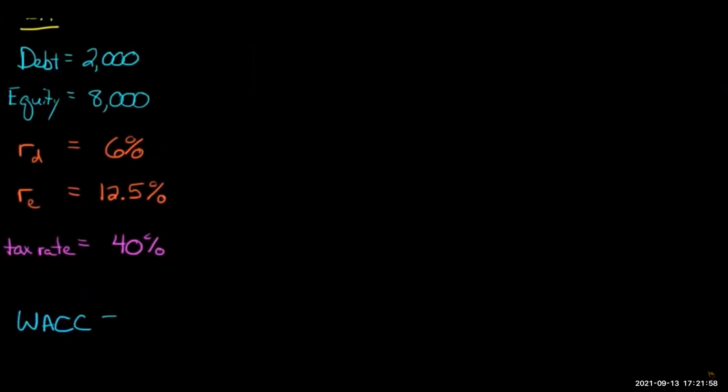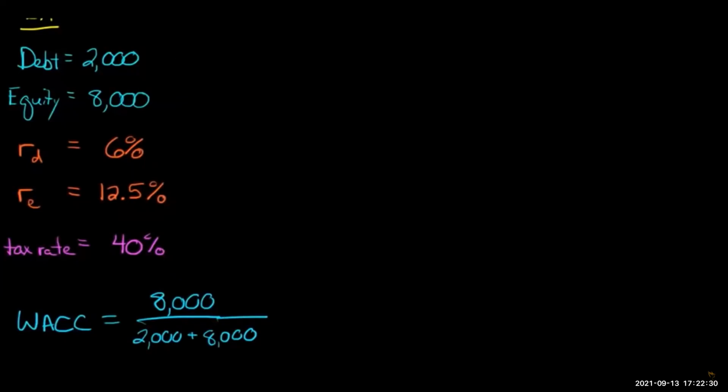So the WACC is going to be equal to, let's do the equity side first. We've got $8,000 in equity. To calculate the proportion of equity, we say 8,000 over 2,000 of debt plus 8,000 of equity. Why are we doing this? Well, we've got $8,000 in equity, but the firm's total financing is both of these, 2,000 plus 8,000.